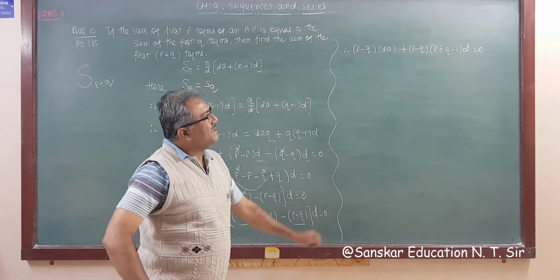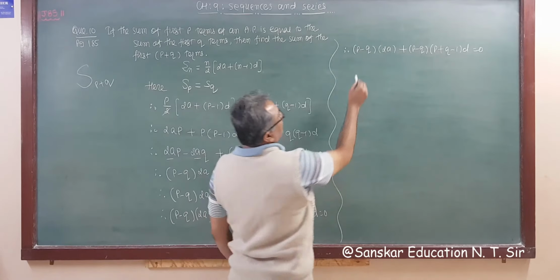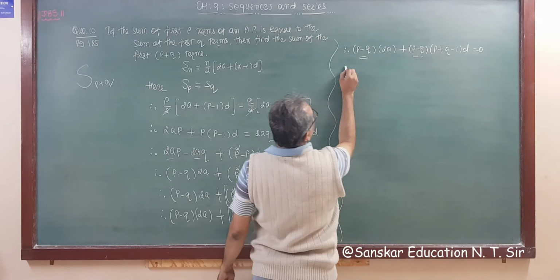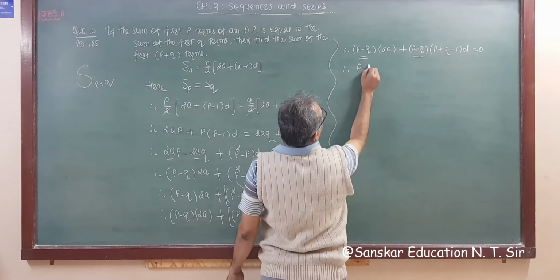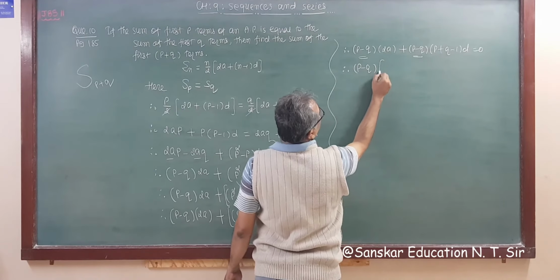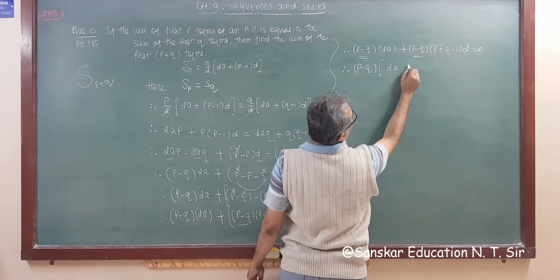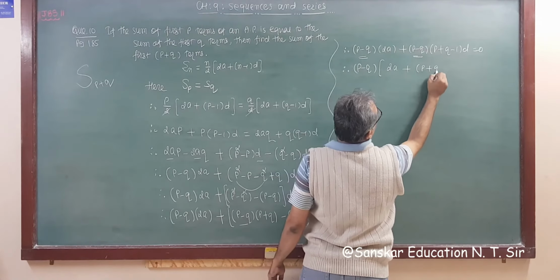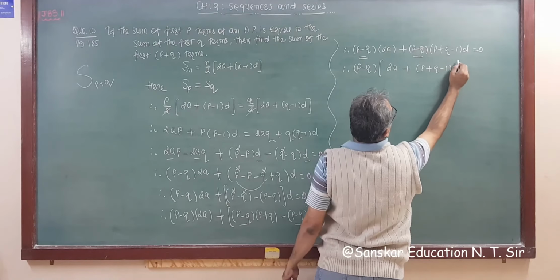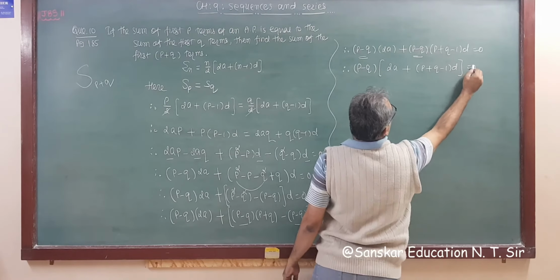Now p minus q is common, so the remaining term will be twice a plus p plus q minus 1 into d, right, is equal to 0.